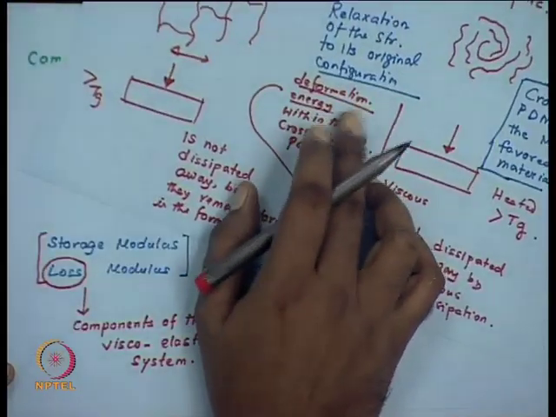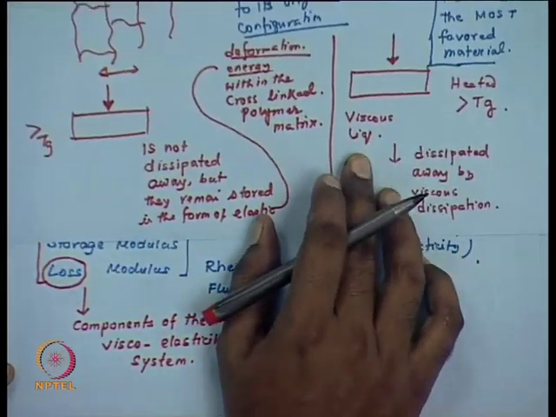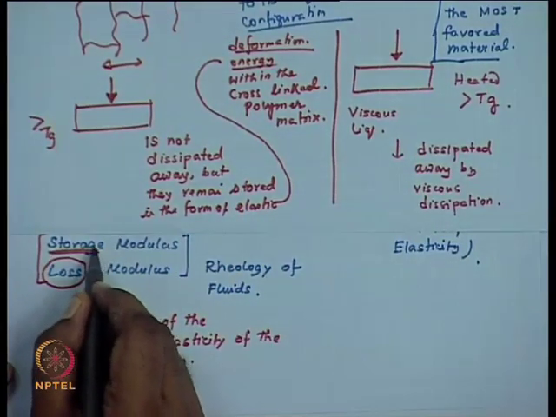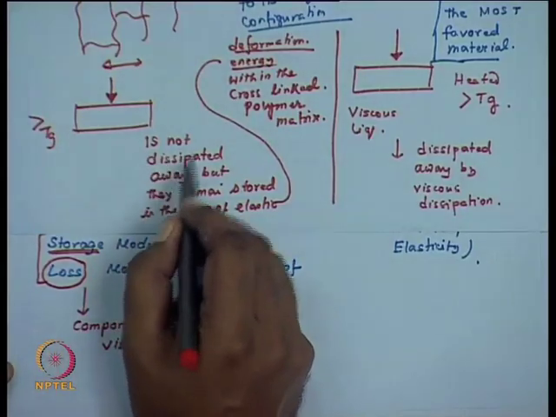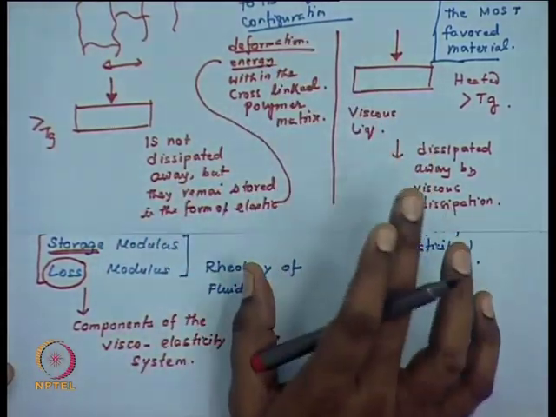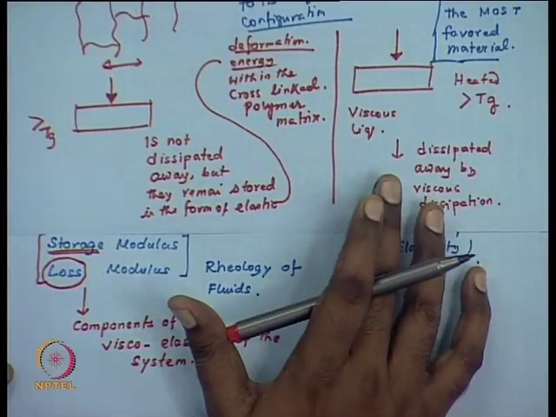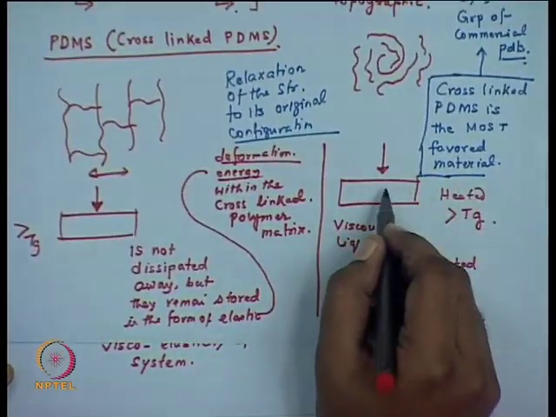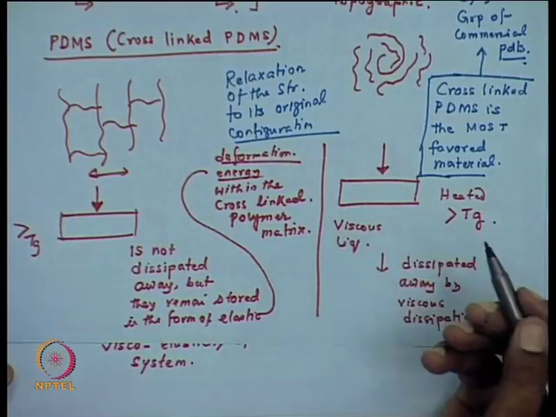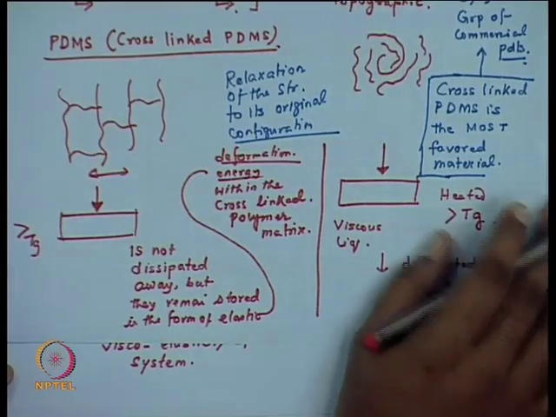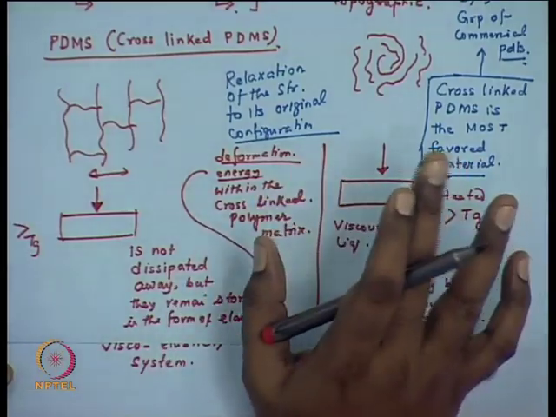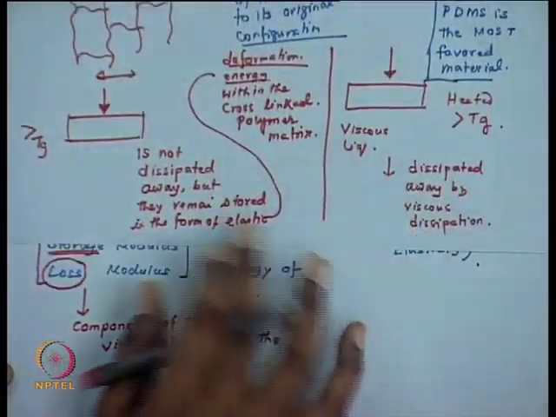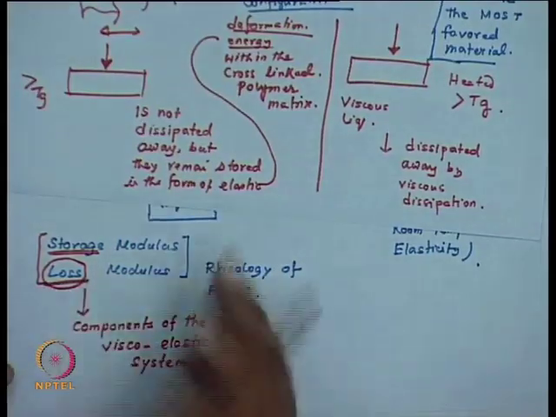So, the elastic part of the rheology is referred to as the storage modulus. In contrast, when we cause deformation to the surface of a purely viscous film, the energy is completely dissipated by viscous dissipation. So, the energy is essentially lost. Consequently, the viscous component is referred to as the loss modulus.